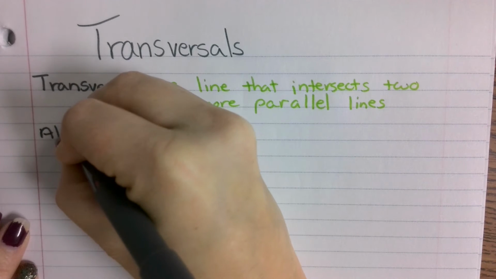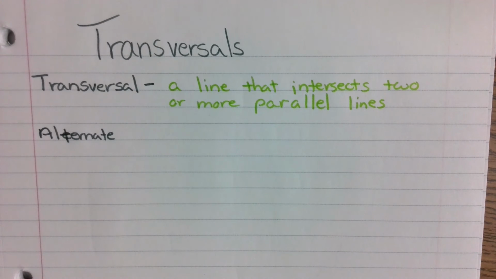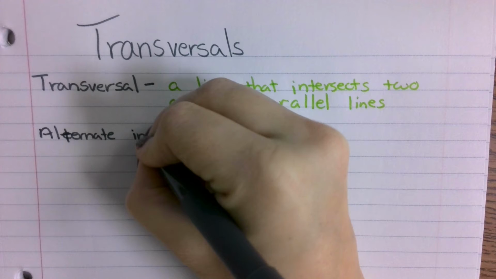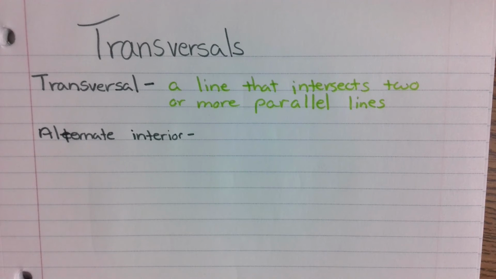Alternate. Another word for alternate is opposite. And then interior, what do you think of when you hear interior? Sarah? Inside. So an alternate interior means opposite inside.